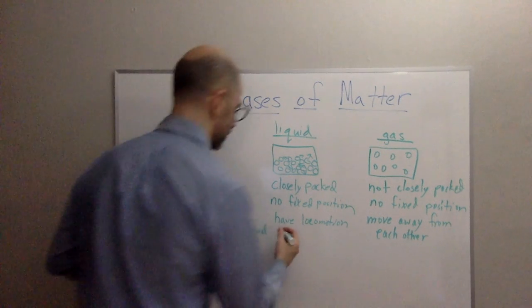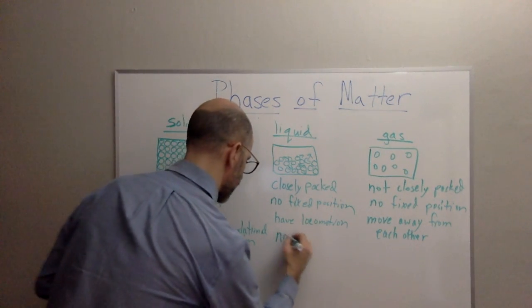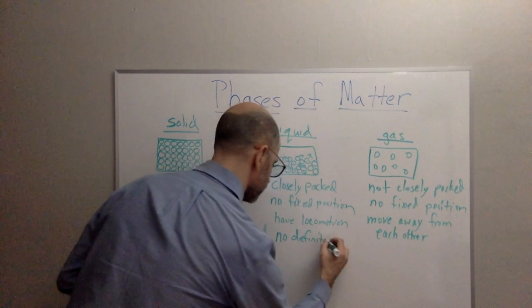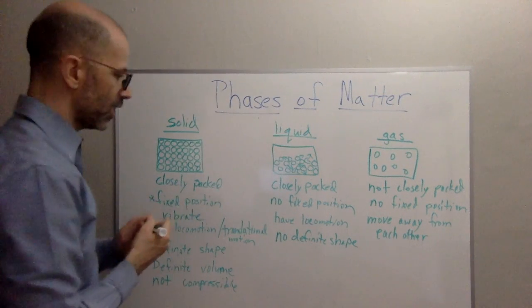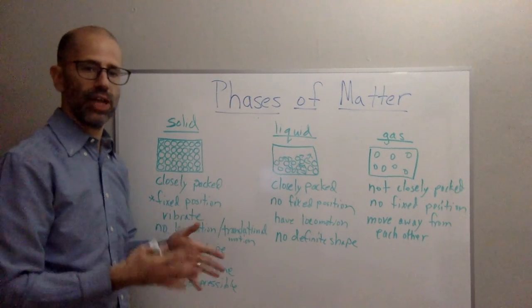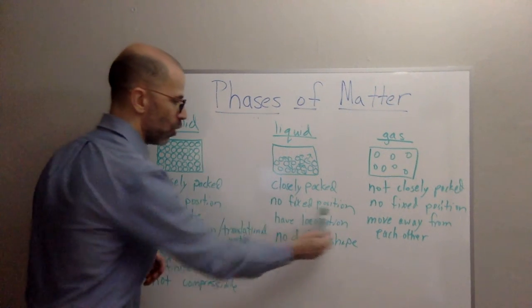So for liquids, it's going to have no definite shape. Right? So it's going to fit the shape of the container it's in. It's going to have whatever shape the container has. Why? Because there's no fixed position.